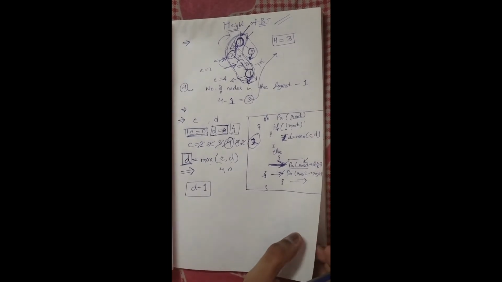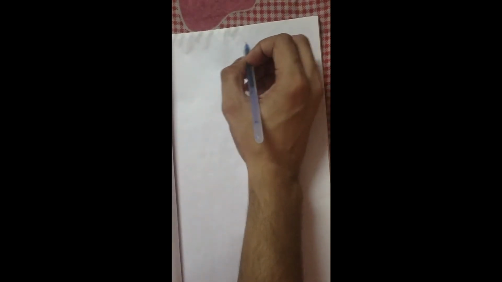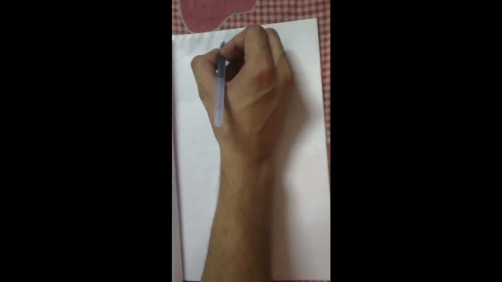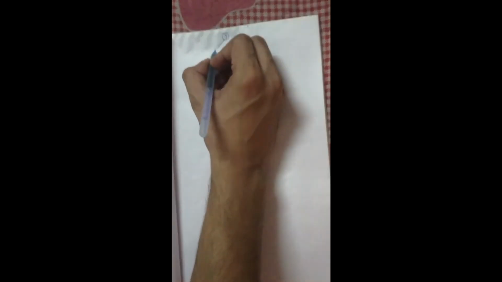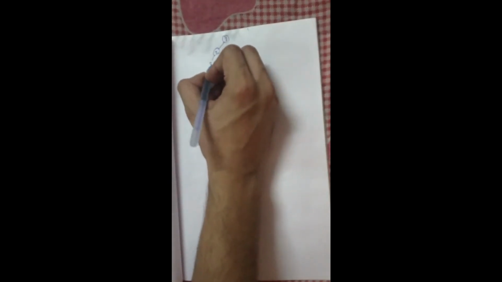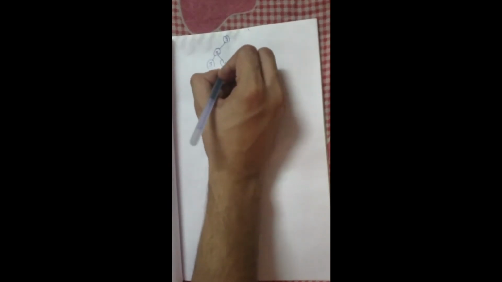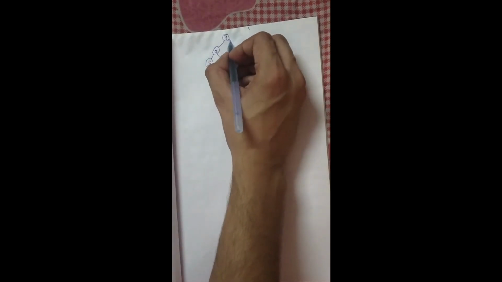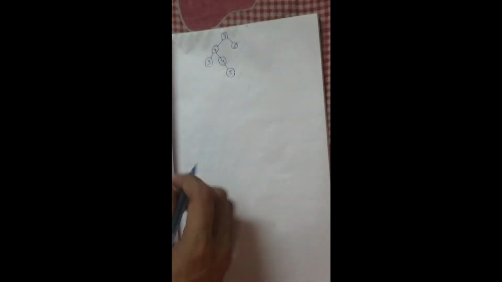Okay, now I will try to walk you through the code. So suppose this is your tree, 1 2 3 4 and 5, okay, and 6.